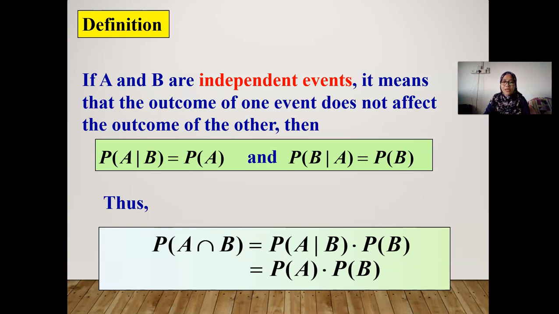Then P(A given B) equals P(A) and P(B given A) is P(B). Like this. If we have two events A and B, we do it simultaneously. The first A and B, and then this one A and B.